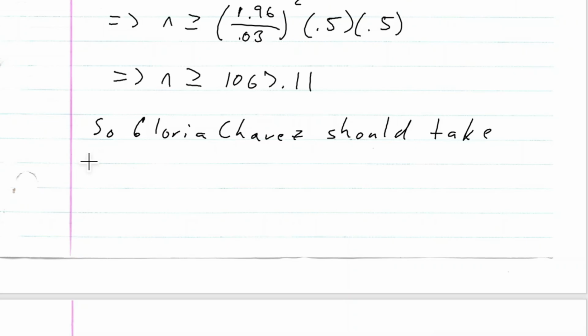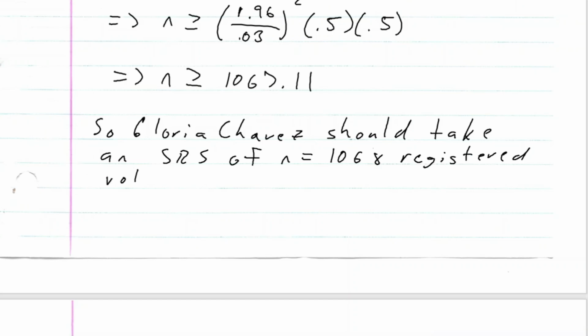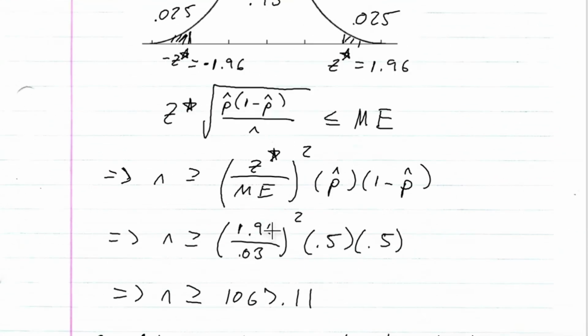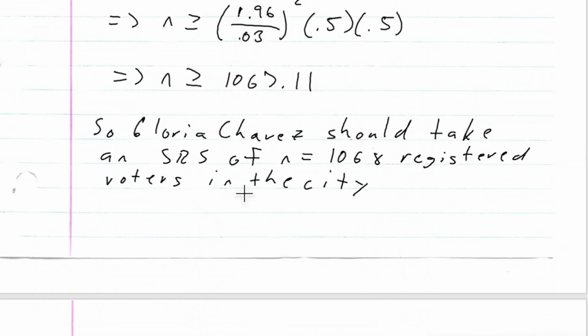Her stats team, take a simple random sample of n equal to 1068 registered voters in the city. Right, so to meet these conditions, Gloria Chavez should get a sample size of 1068.